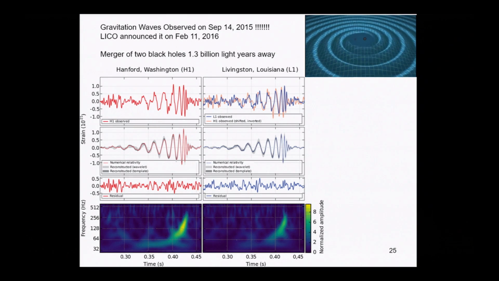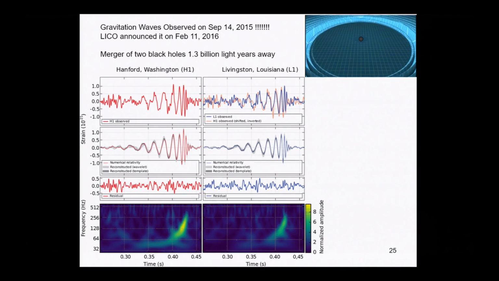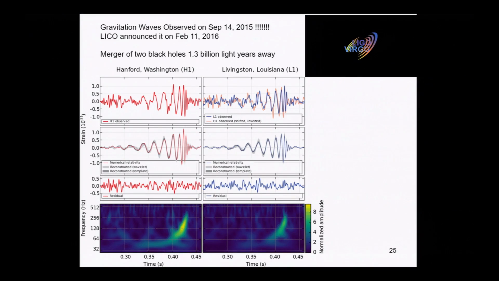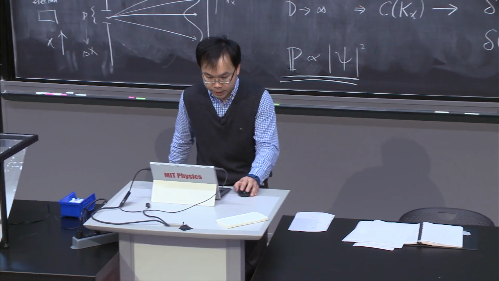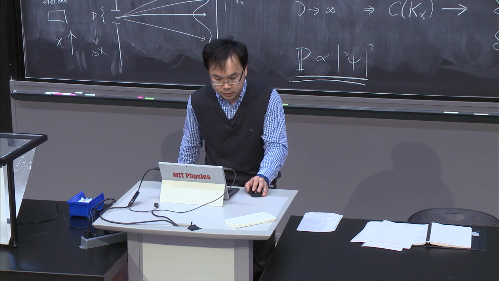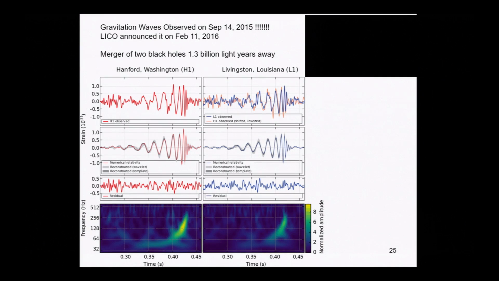One of them is 29 times the mass of the sun, and the other one is 36 times the mass of our sun. It's that precision, okay? They theoretically generate this kind of pattern, and this is really detected by both LIGO experiments, which are 3,000 kilometers apart from each other.